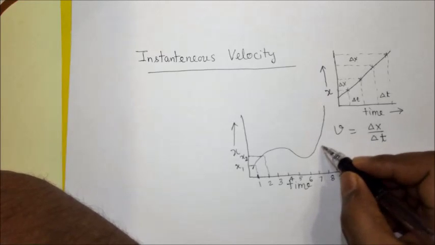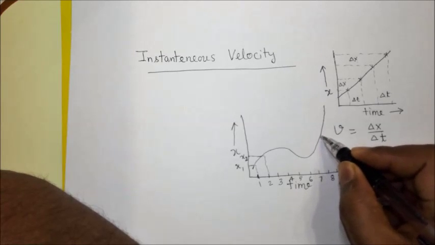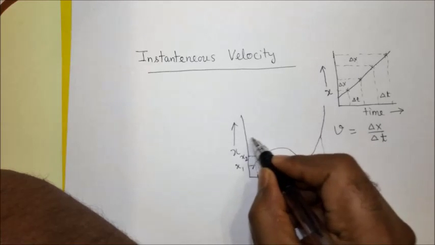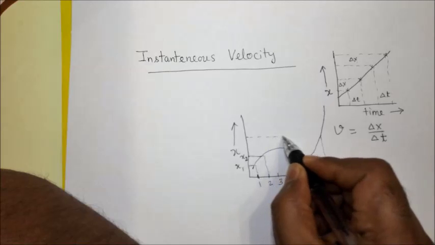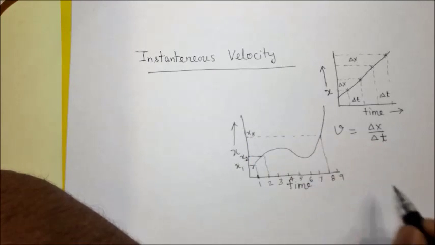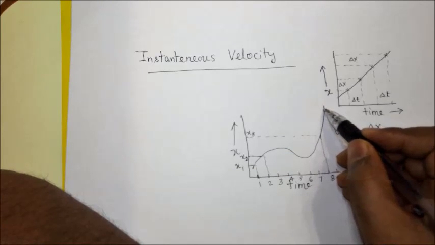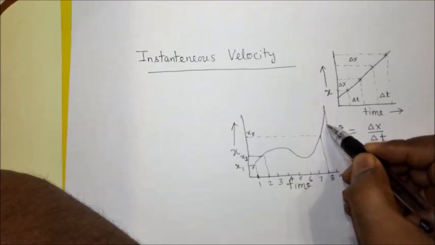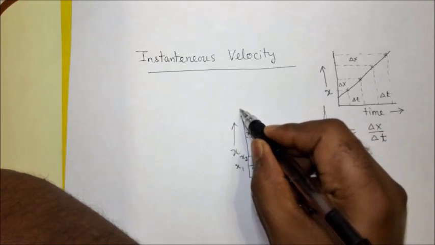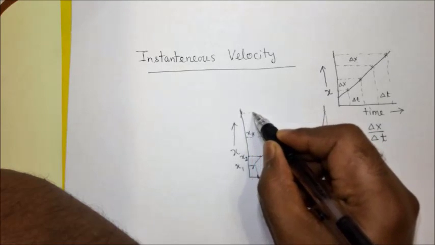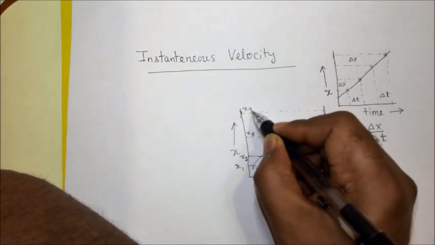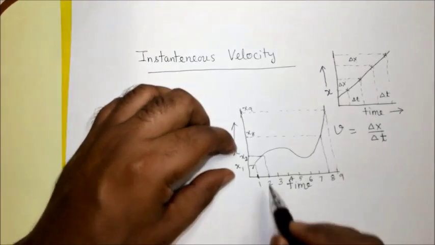Now let's see here what happens. Suppose I take the position at 8 seconds. This is x8, position at 8 seconds, and this is position at 9 seconds, x9. Now look at here.